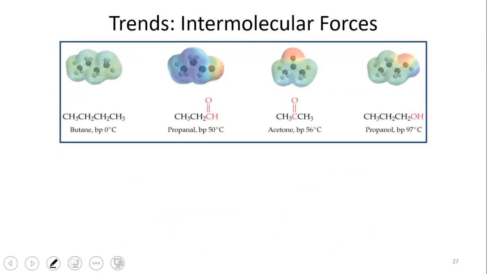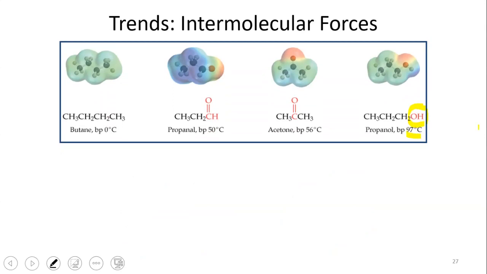Okay, so these are the 4 molecules. You have that in your handout. And again, you can see where the presence of this OH there results in a much higher boiling point because of the addition of hydrogen bonding interactions.